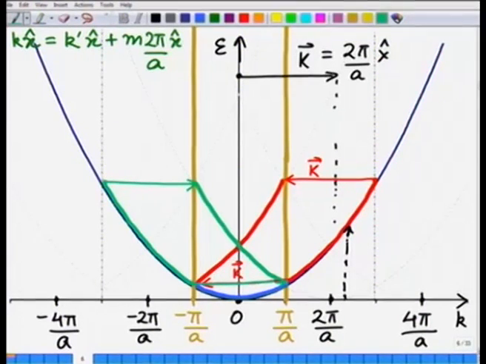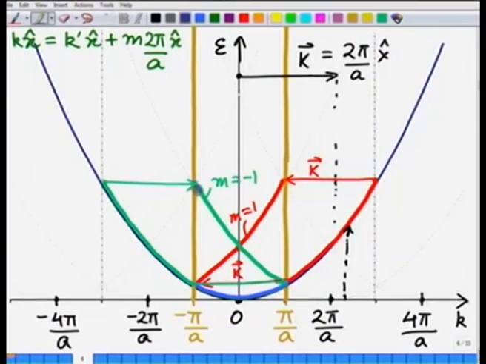Essentially, what we have done is used m equal to -1 or m equal to 1 to transform all points into the same segment of the parabola, shown right here, into the first Brillouin zone.